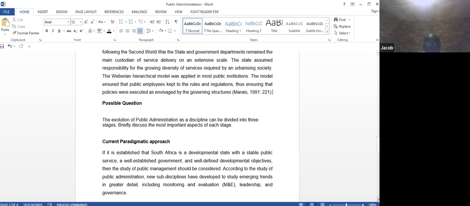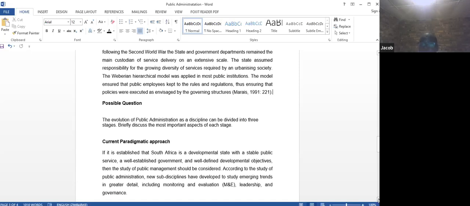These are approaches now being used in public administration to see the development of the welfare. The issue of South Africa being a developmental state is also an issue of debate. You'll find some questions that I can ask you: Is South Africa a developmental state or not?